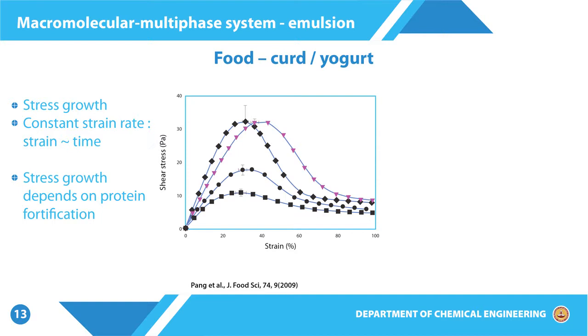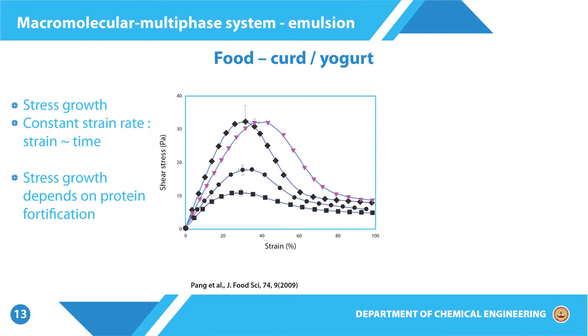One other thing one can notice is that by changing the proteins, the overall viscosity of the material itself is different. Remember that viscosity can be obtained by knowing the strain rate at which this material is being subjected and the steady value of stress. So, clearly this particular protein fortification leads to higher viscosity and it also leads to higher stress overshoot.